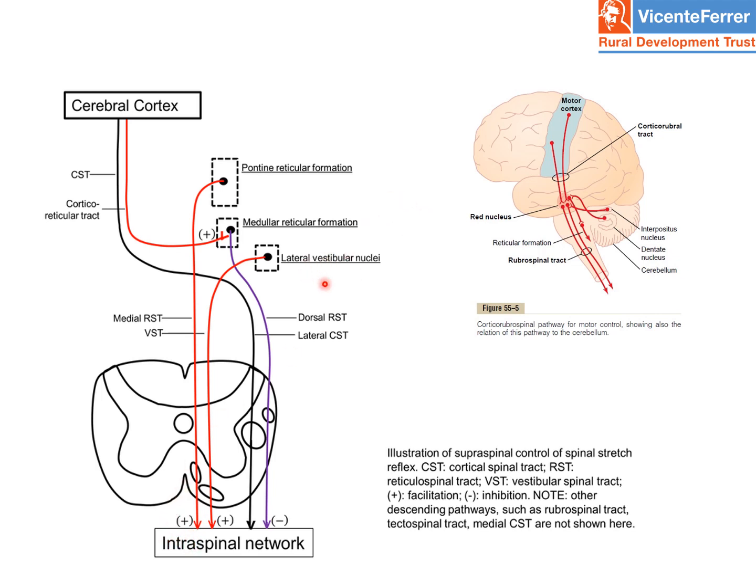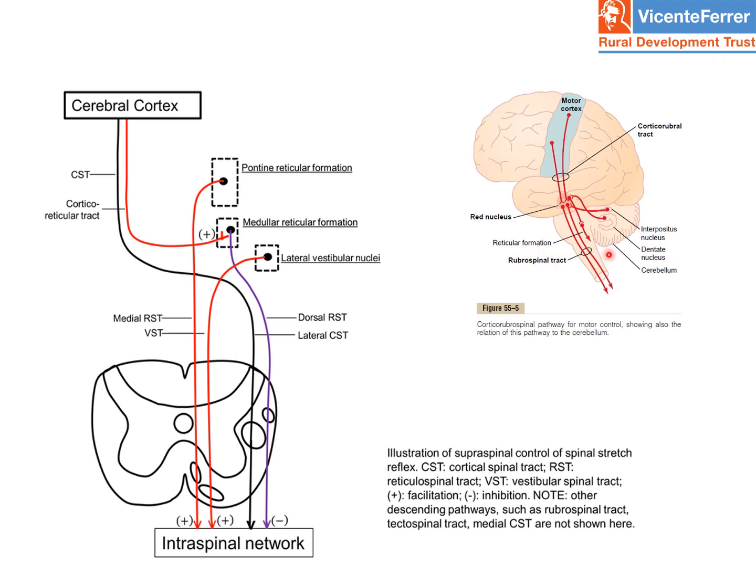Similarly, from the lateral vestibular nucleus, that is Deiters' nucleus, the vestibulospinal tract will come and it also stimulates the spinal level muscle tone. But here this vestibulospinal tract doesn't stimulate the gamma motor neuron, but it will have a direct effect over the alpha motor neurons, and we will see how it affects the tone in later slides.